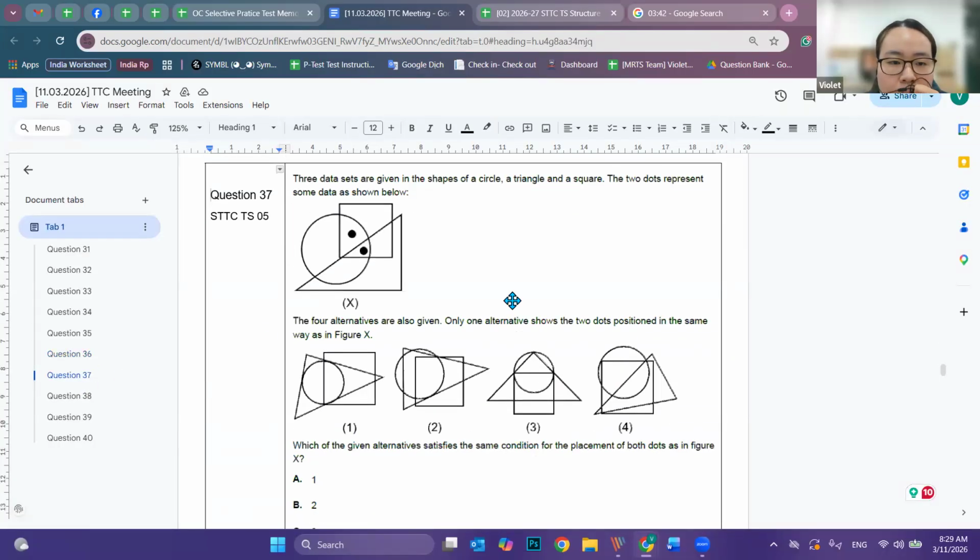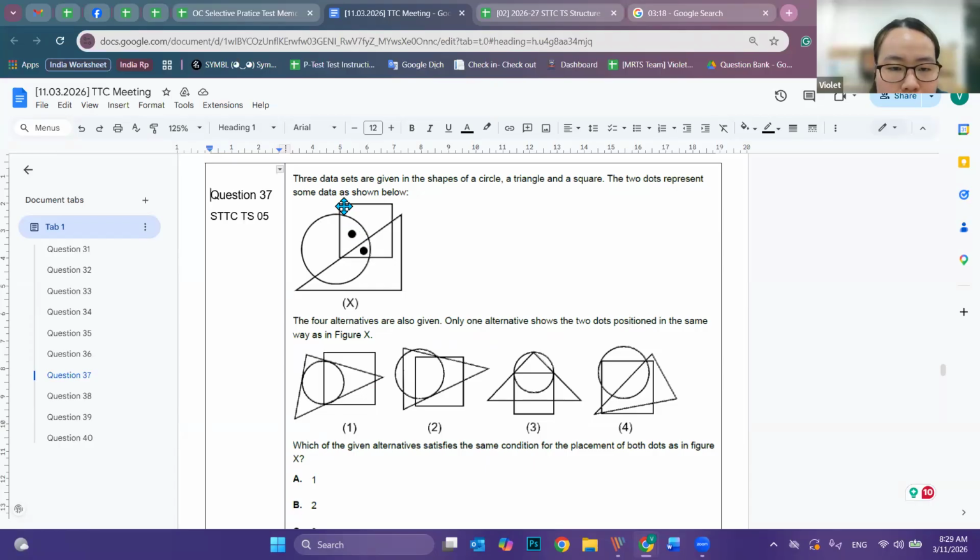And for question 37, through the card we are given data, and the 2 dots represent some data as shown below. We are given 4 alternatives, and only one alternative shows the top 2 dots in the same position as in figure X. So which one is the same as X?